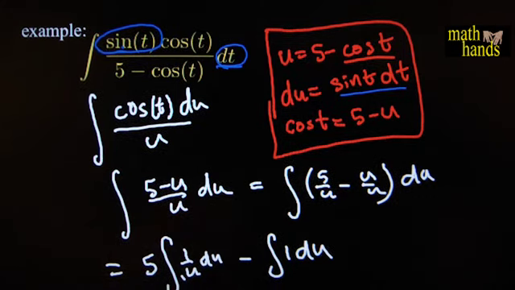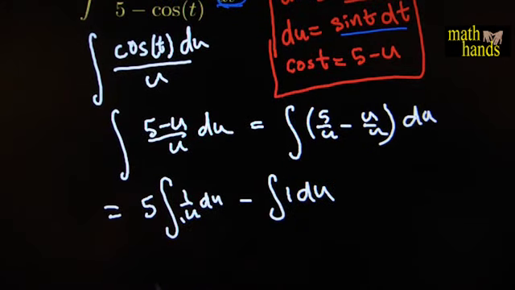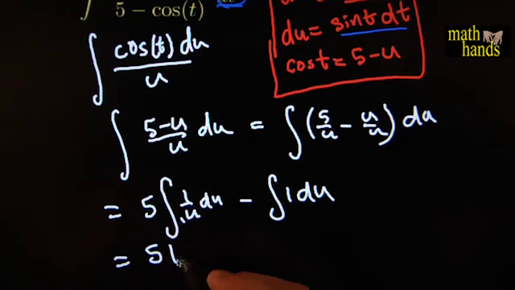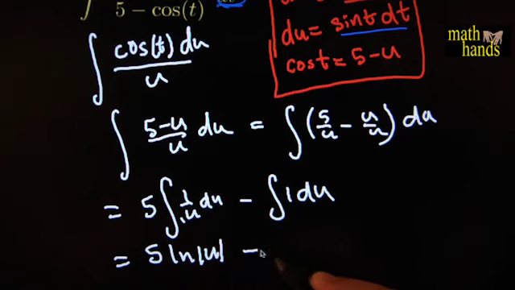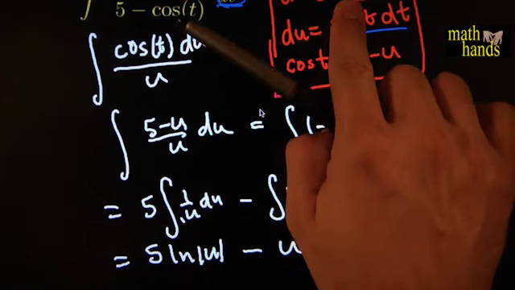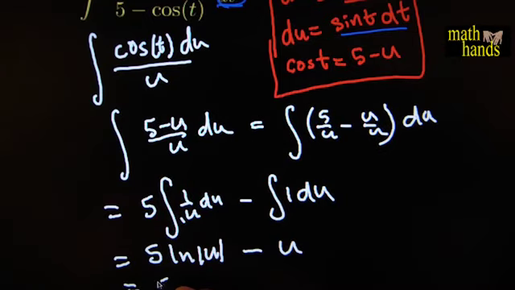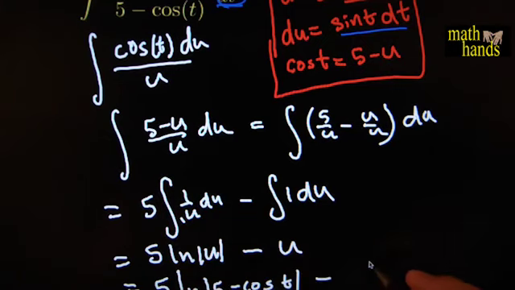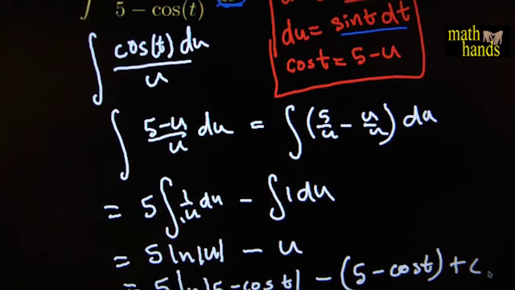So then what? That becomes 5 ln u minus u, and you're done. So now you substitute back your u's. This would be 5 ln of 5 minus cosine t minus, again u was 5 minus cosine t, plus a constant.